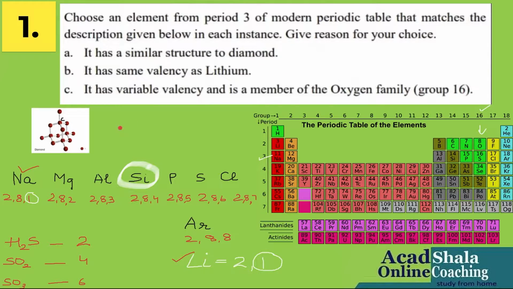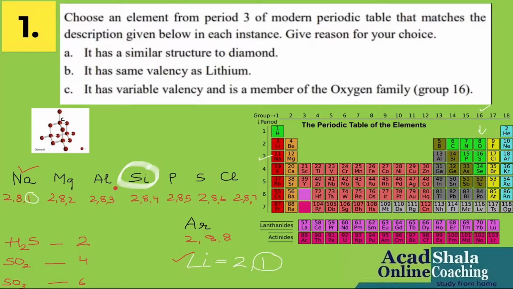Now, you are seeing this diagram of diamond. When you were revising this chapter, you came across that diamond has this kind of structure. The balls which you are seeing in the diagram are carbon, and each carbon is surrounded by 4 other bonds.